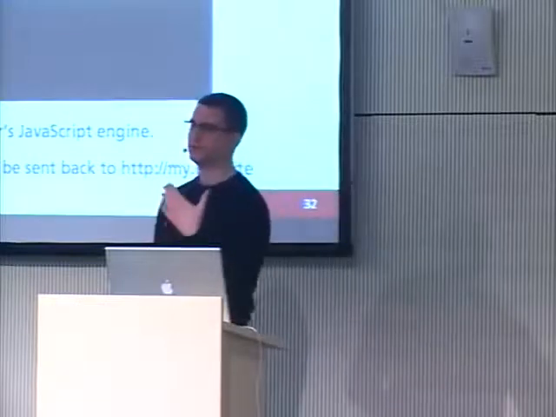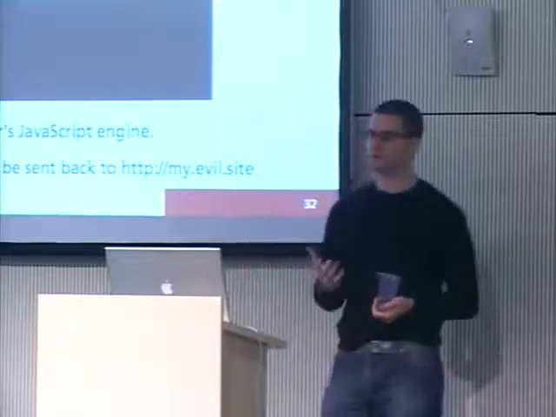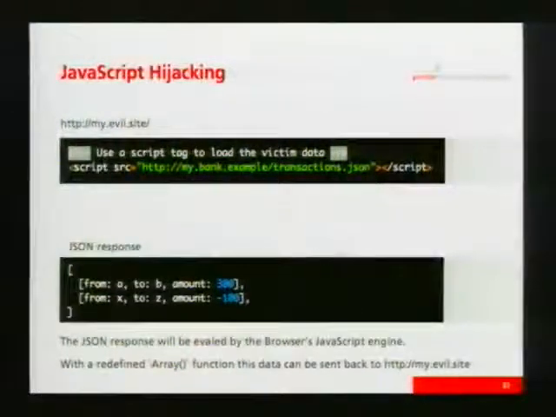For example, you visit an evil page, and this page has a script tag that references some JSON action of your page. In this case, we are on evil.com, and evil.com has a script tag that references transaction.json. And transaction.json is a valid action on your controller that will output all your recent transactions in JSON.